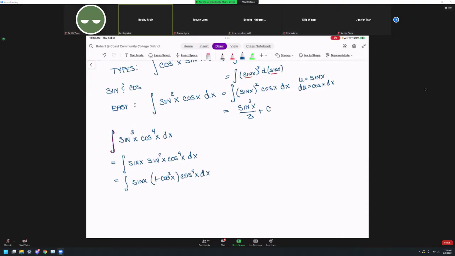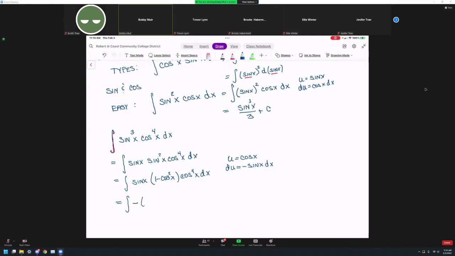Okay. And so then if I was to let u be the cosine of x, du is going to be negative sine of x dx. So I'll plug all of this in.